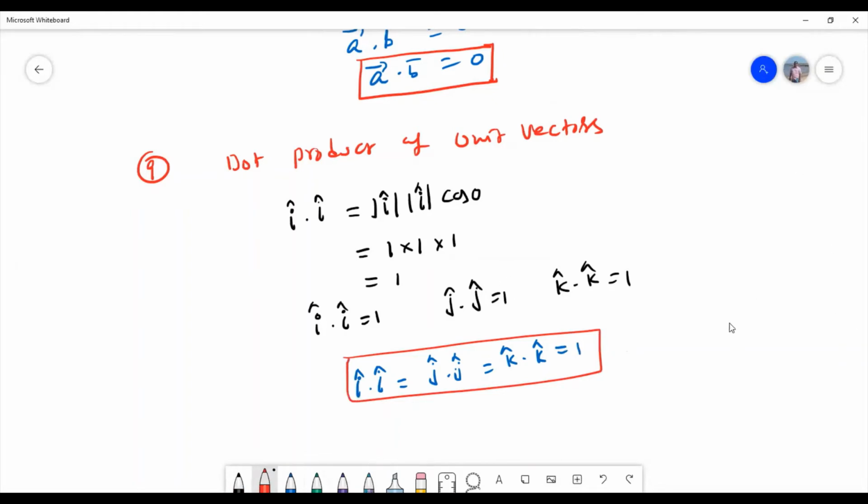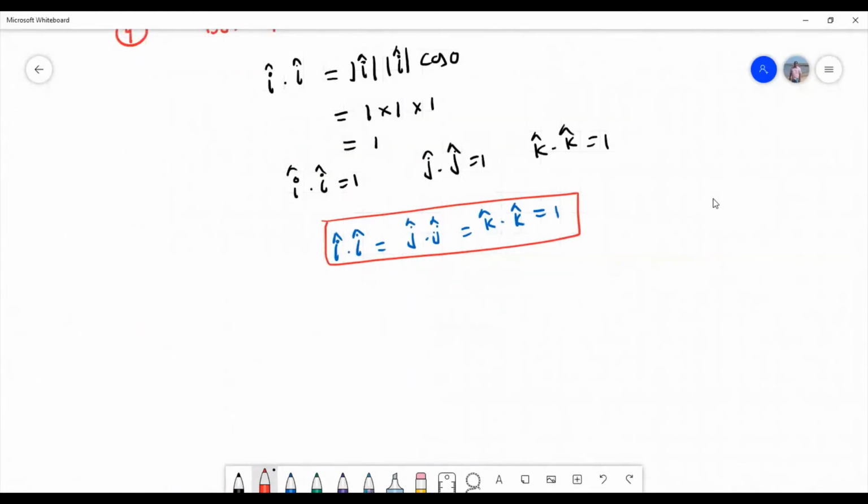Suppose I want to find out what is I cap dot J cap now. I dot J, same: magnitude of A bar, magnitude of B bar, and cos of angle between them. We know I cap and J cap will be perpendicular.